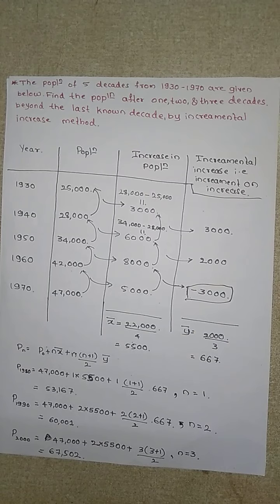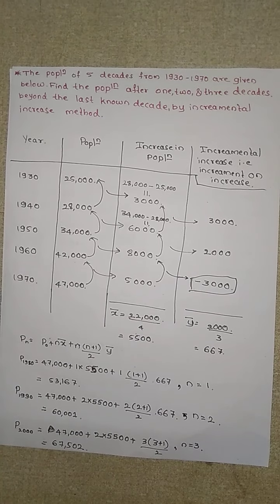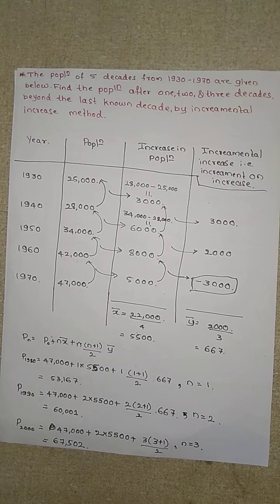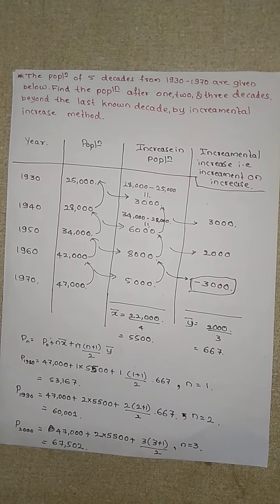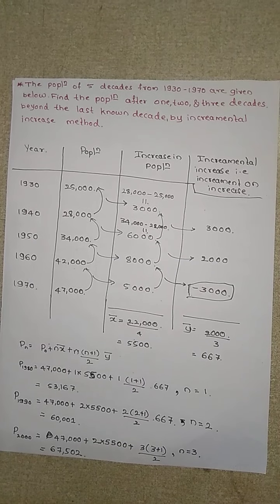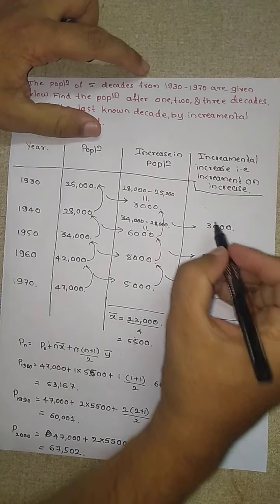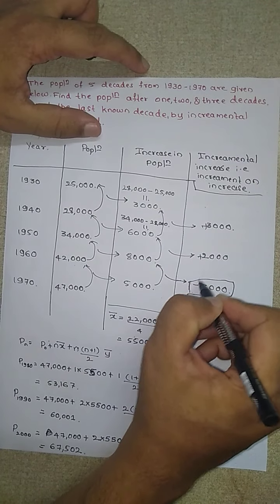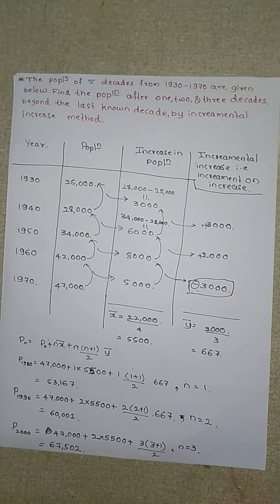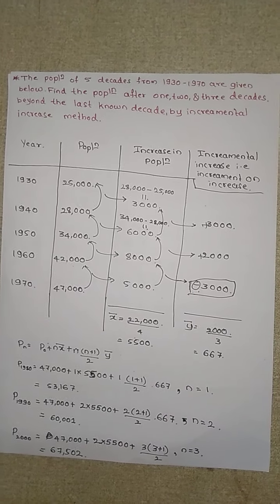In your arithmetic and geometric increase methods we assumed that the growth rate is constant. But here there is a variation in the growth rate. Either it is increasing, or it is decreasing. I hope the meaning of incremental increase is clear to you.